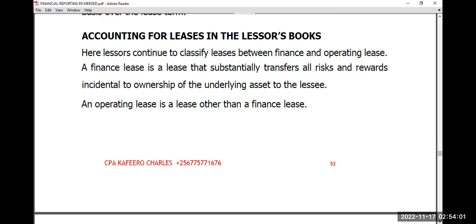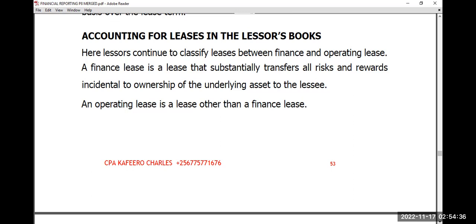Secondly, the person is also going to be receiving some money upon giving out these assets. So how is that person going to prepare those financials? And we are saying that here the lessor continues to classify leases between finance and operating leases.